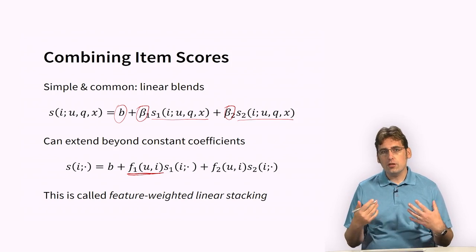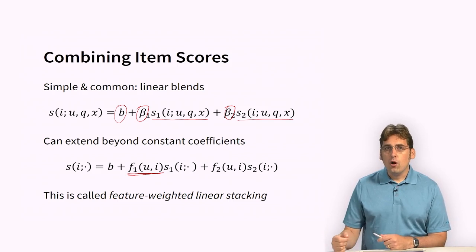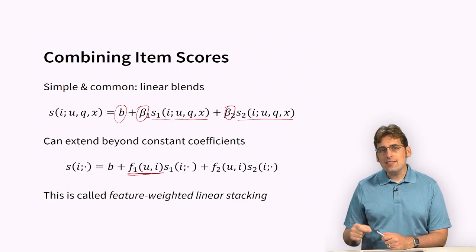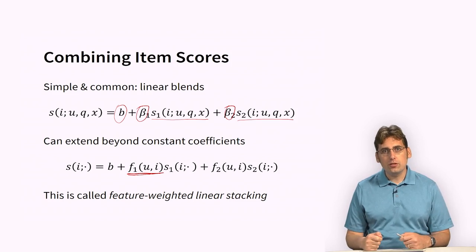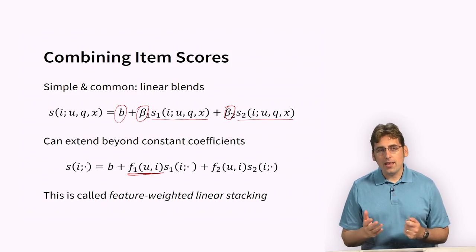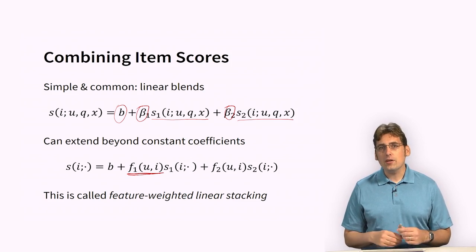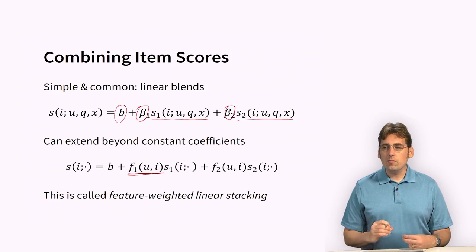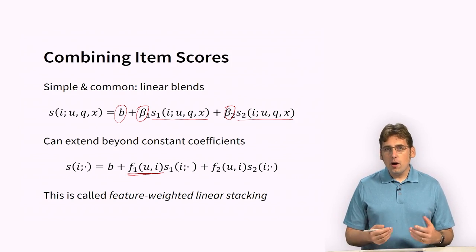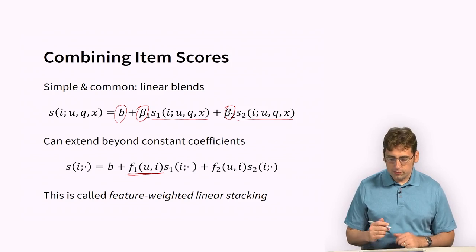And this allows us to create a hybrid that emphasizes a content-based filter when the user or the item doesn't have very many ratings. And as more ratings are available for users and items, it shifts the emphasis over to a collaborative filter. And it allows the blend to take into account the fact that different algorithms are going to be relatively strong or weak in different situations. These models are also very related to a family of statistical methods called hierarchical linear models.